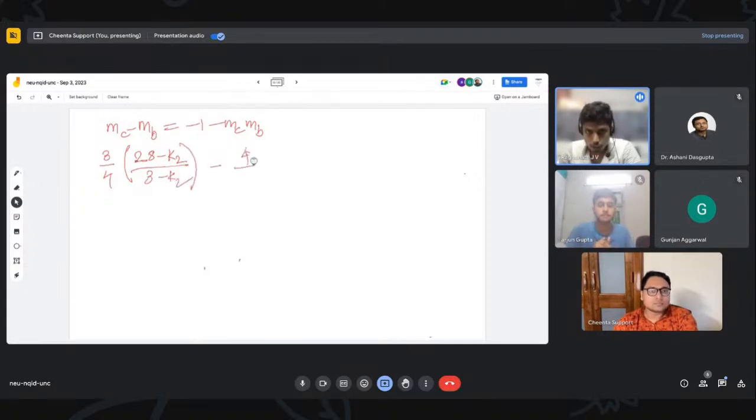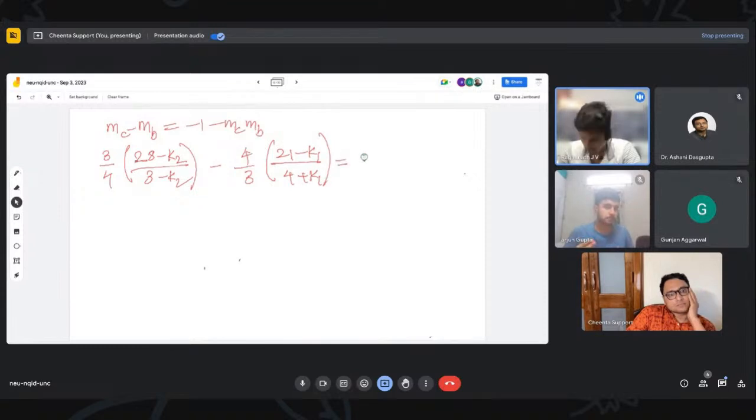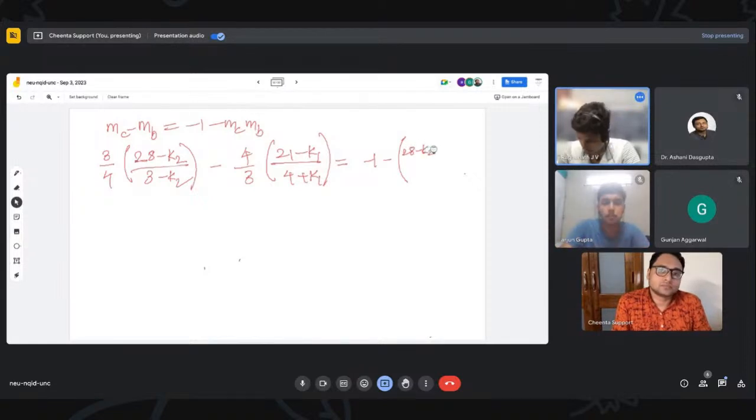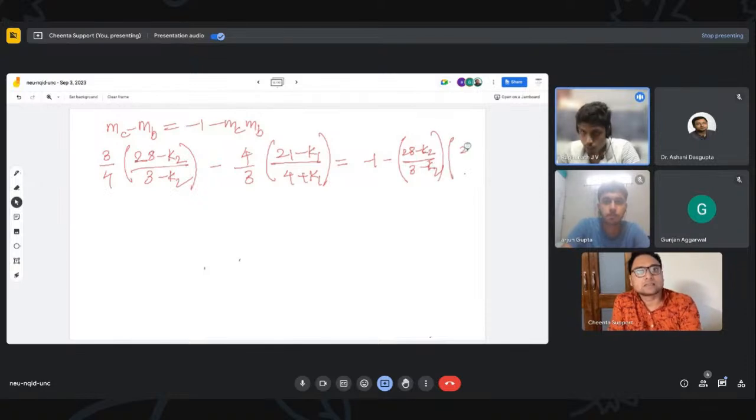Minus 4 by 3 into 21 minus k1 by 4 plus k1 is equal to minus 1 minus this. 3 by 4 and 4 by 3 gets cancelled, and you will have 28 minus k2 by 3 minus k2 into 21 minus k1 by 4 plus k1, right?